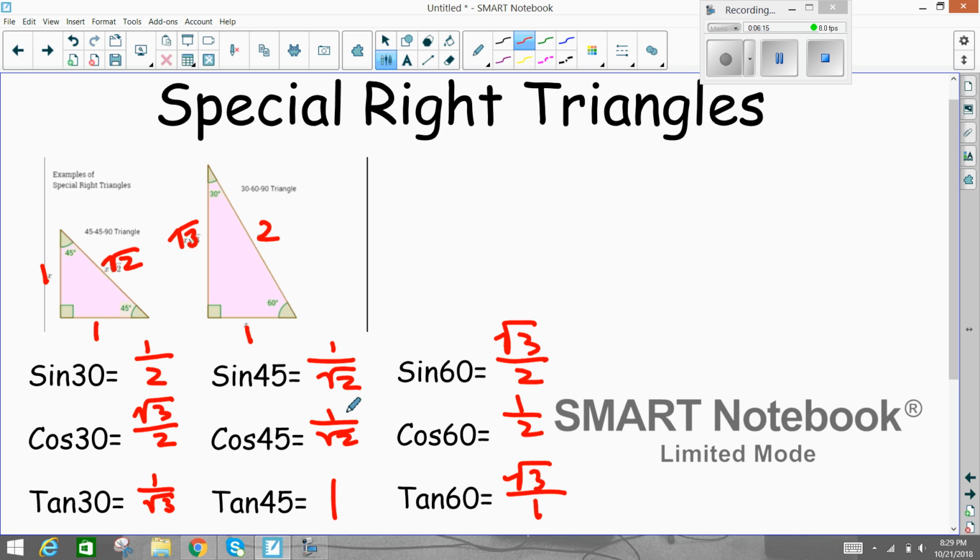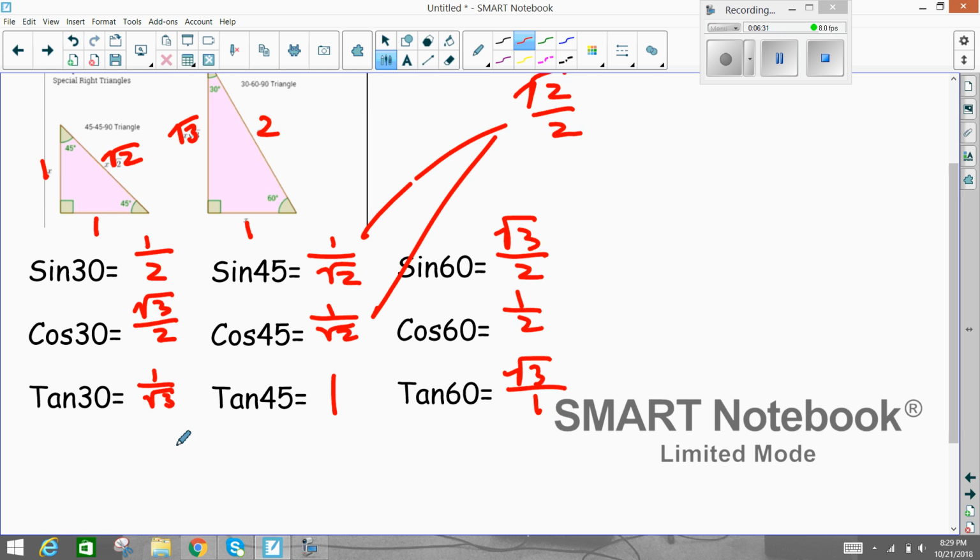But sometimes you'll see these in rationalized form. So this in rationalized form would be root 2 over 2, and tangent in rationalized form would be root 3 over 3. I'm going to refer to them this way, and they can be converted as needed.